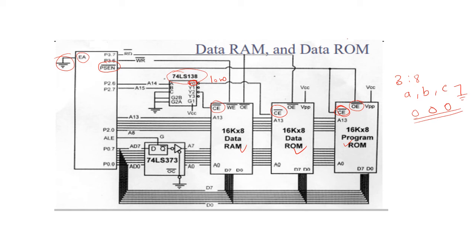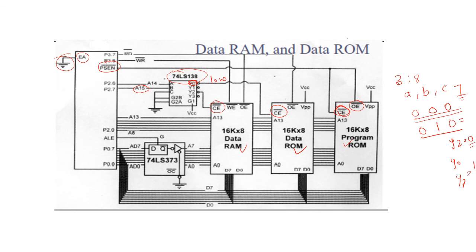Whereas when A15 is high, the code becomes 0, 1, 0. In this case, Y2 will become 0, and the rest of the pins, Y0 to Y7, will become 1.